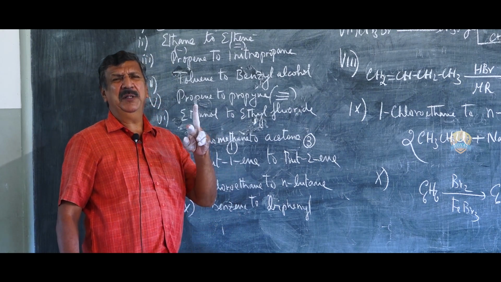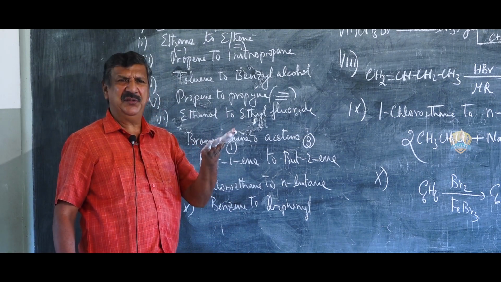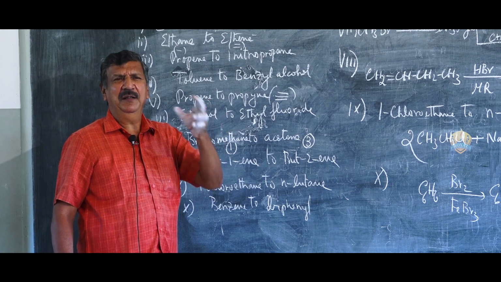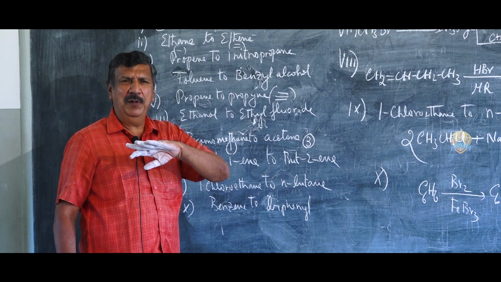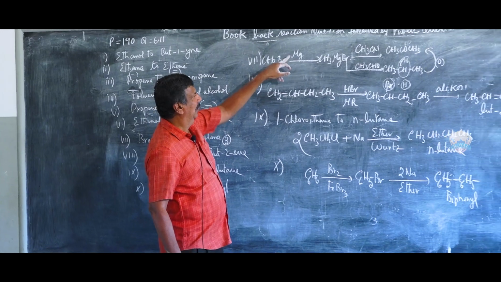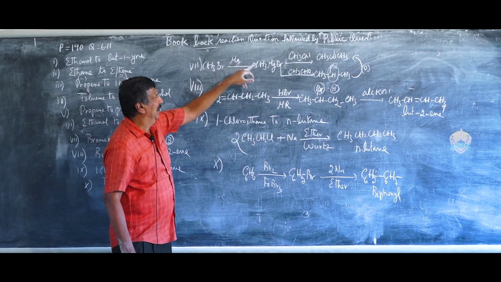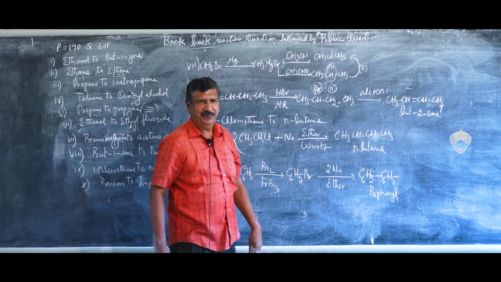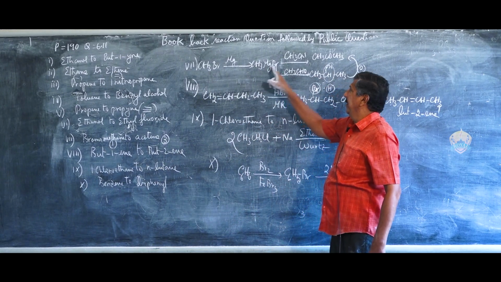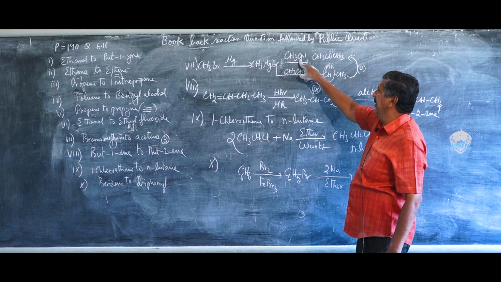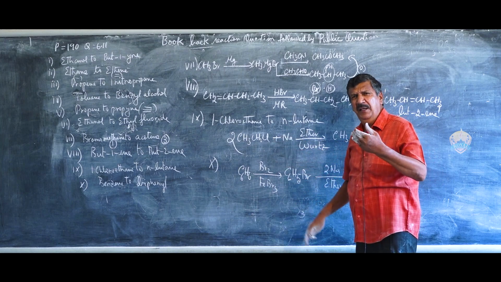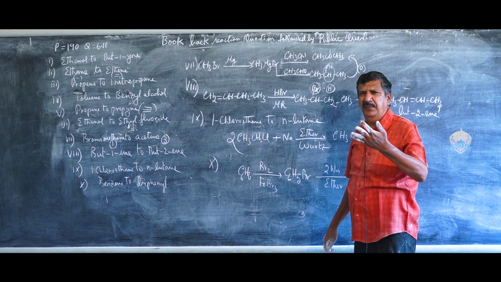Is there any other method to increase the carbon? Yes, Grignard reagent. Grignard reagent can convert a lower carbon compound to a higher one. You take the methyl bromide, treat with magnesium, and we get methyl magnesium bromide. After that, you can directly treat it with methyl cyanide to get acetone, or somebody who has learned another concept can use that one.